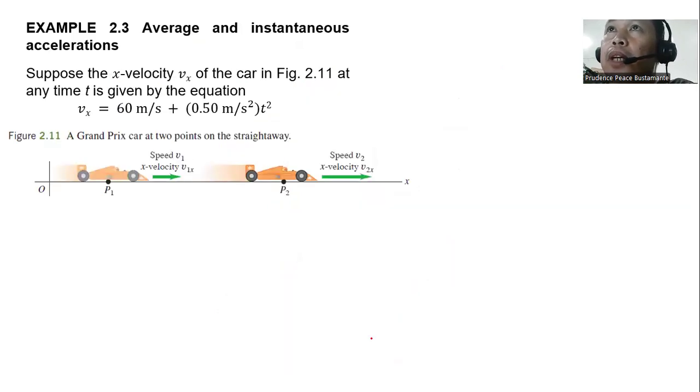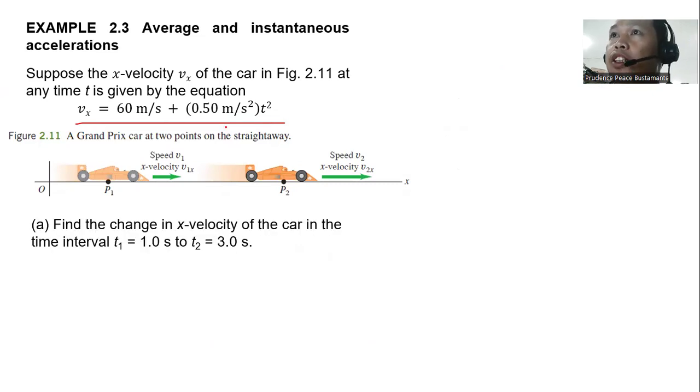So let's apply this to an example. Example 2.3. Suppose the x velocity v_x of your car in this figure at any time t is given by this equation. The first question is to find the change in x velocity of the car in the interval t1 is 1.0 seconds and t2 is 3.0 seconds.